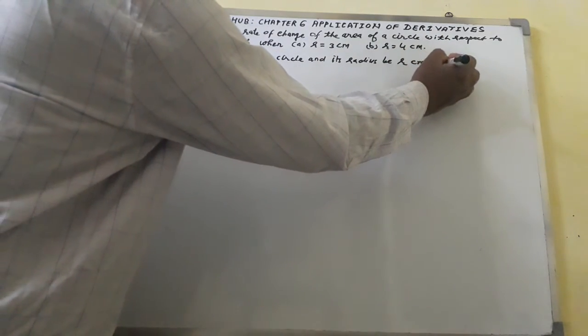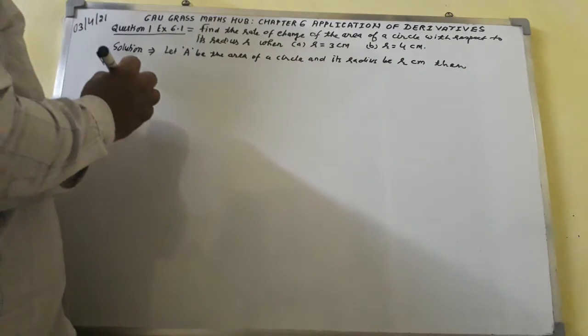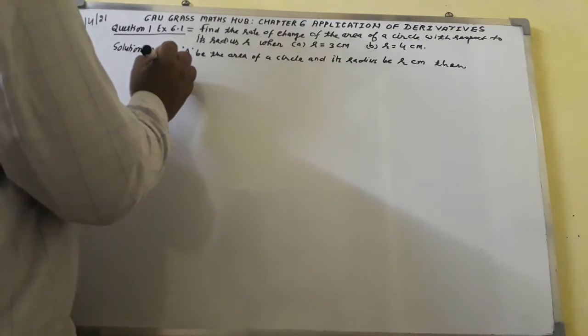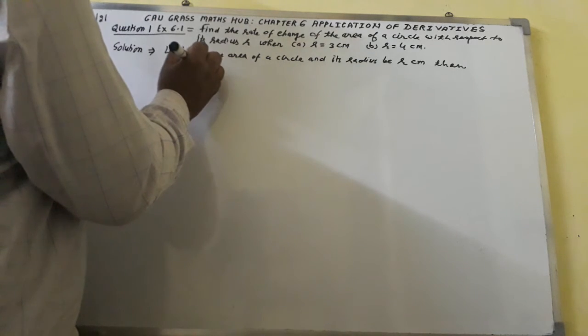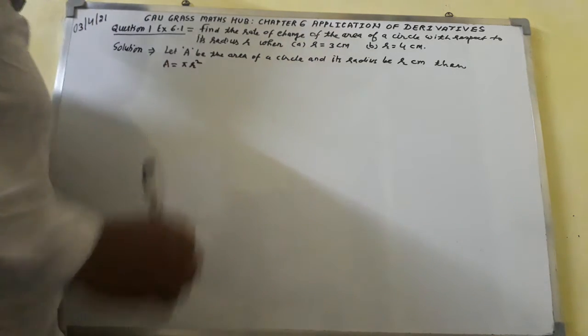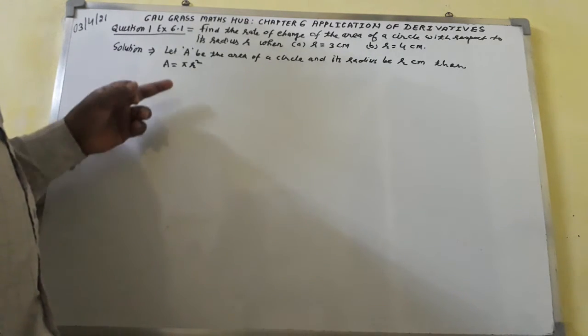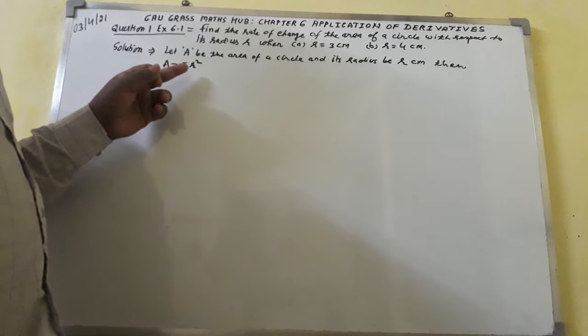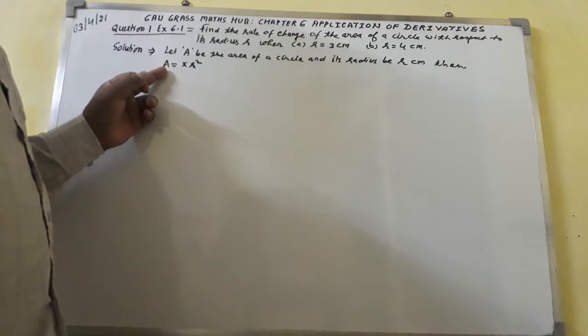Then capital A is equal to pi r square. This is the formula. Here capital A is the area of the circle, r is the radius of the circle. Then area of circle is equal to pi r square.